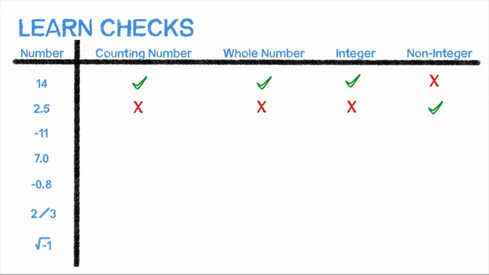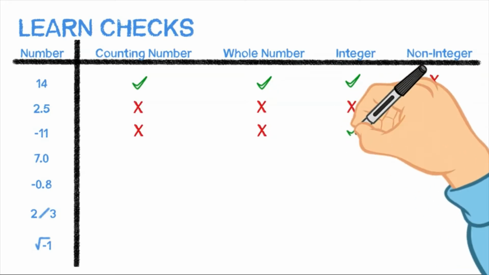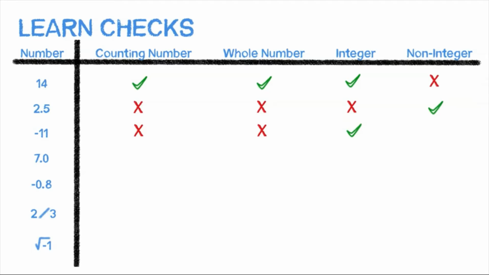Next, negative 11. Counting number? No, a negative number is not a counting number. Whole number? No. Integer? Yes. Non-integer? No.